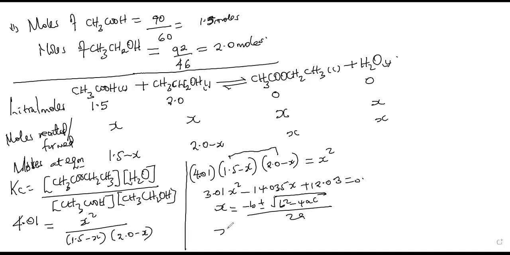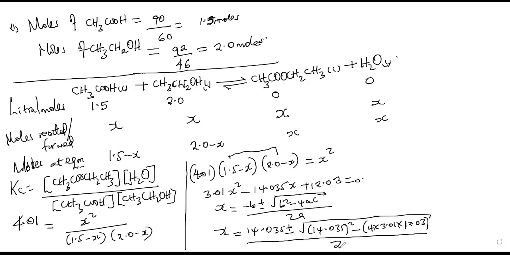So when you substitute, you get the value of x as negative b, which is 14.035, plus or minus the square root of b squared, which is 14.035 squared, minus 4 times a, which is 3.01, times c, which is 12.03. Then everything is over 2 times a, so it will be 2 times 3.01.